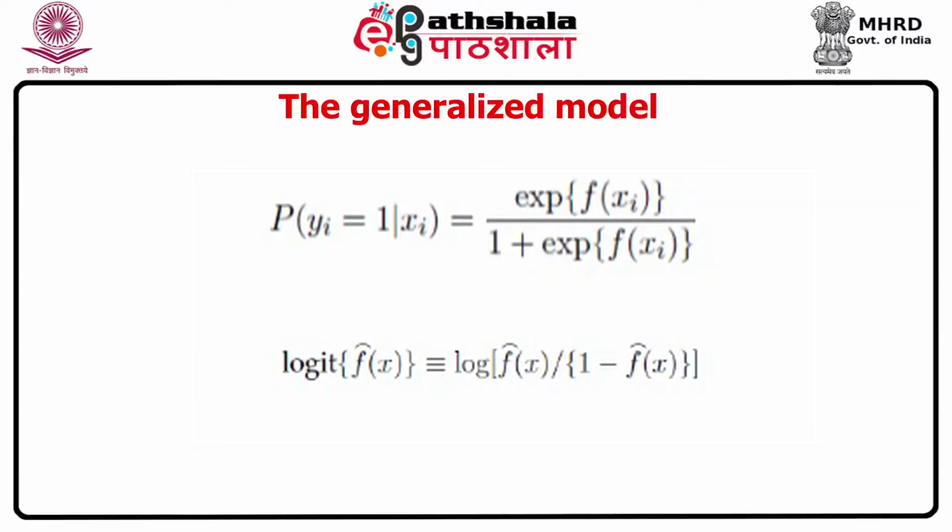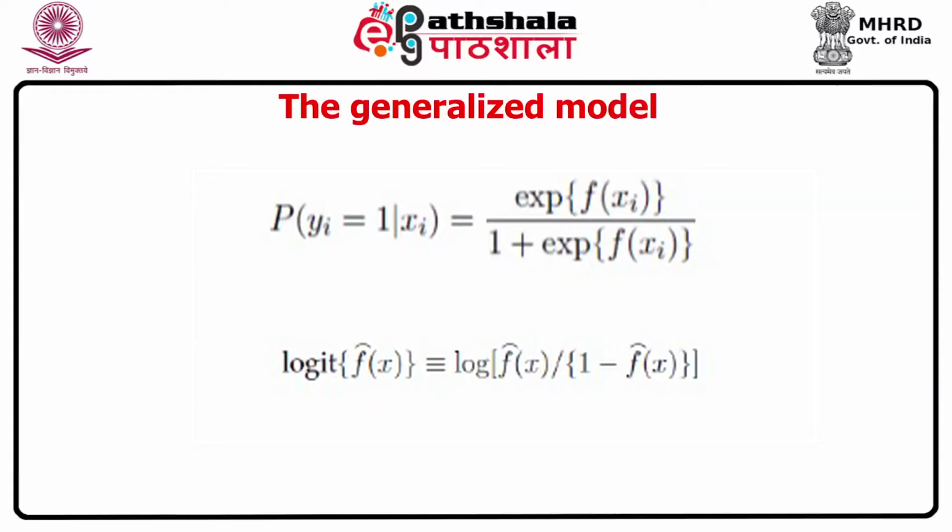Now note that for the usual logistic model, probability y equal to 1 given x can be written as e to the power x beta by 1 plus e to the power x beta. Written in a different way, this says that log of probability y equal to 1 given xi by probability y equal to 0 given xi is equal to x beta. That is, the log odds of y equal to 1 is linear.